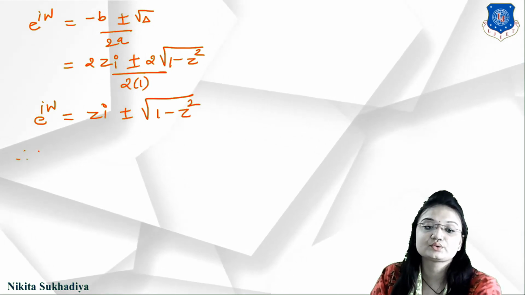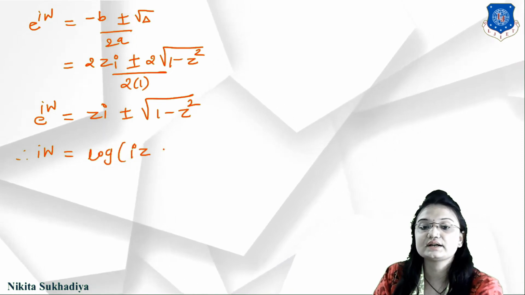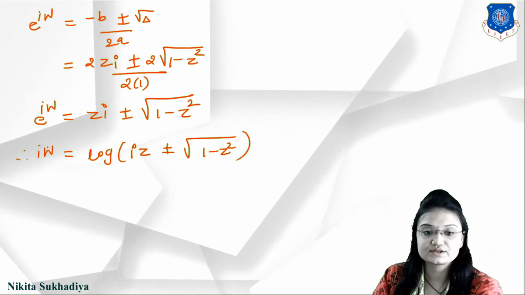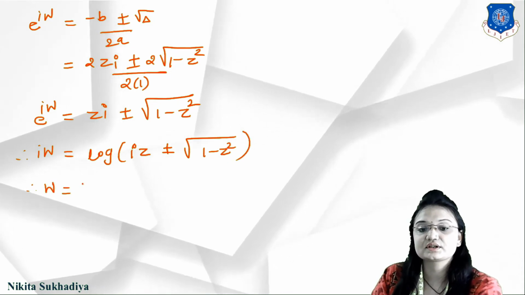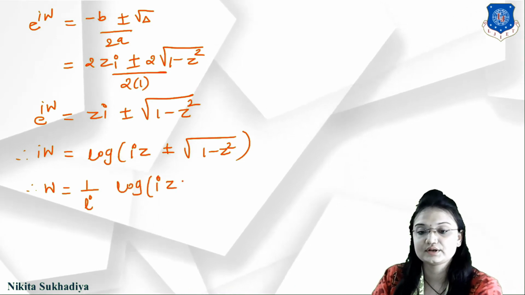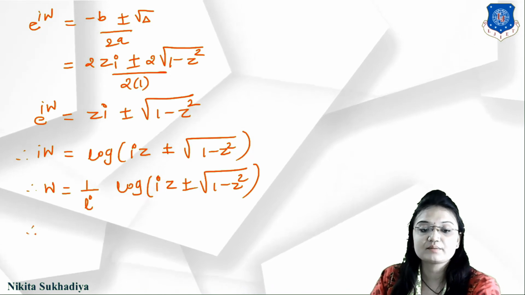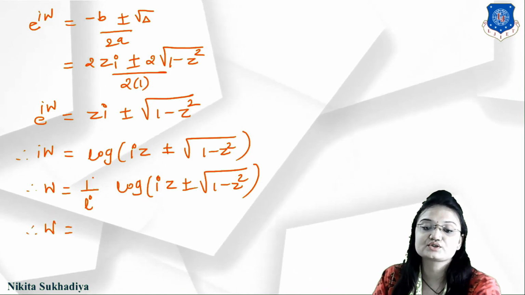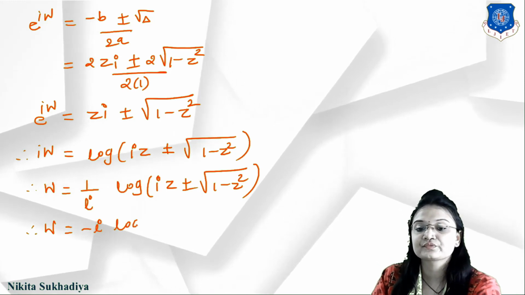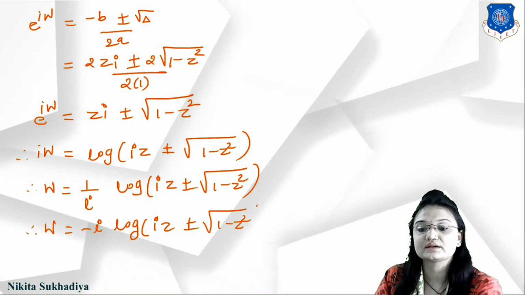So iw is nothing but logarithm of iz plus or minus under root of 1 minus z square. So w is nothing but 1 upon i logarithm of iz plus or minus under root of 1 minus z square. By multiplying and dividing with i, this will become i upon i square, so this is minus i logarithm of iz plus or minus under root of 1 minus z square.